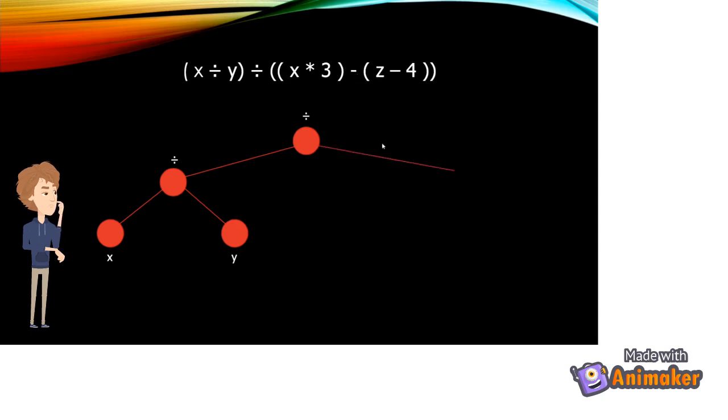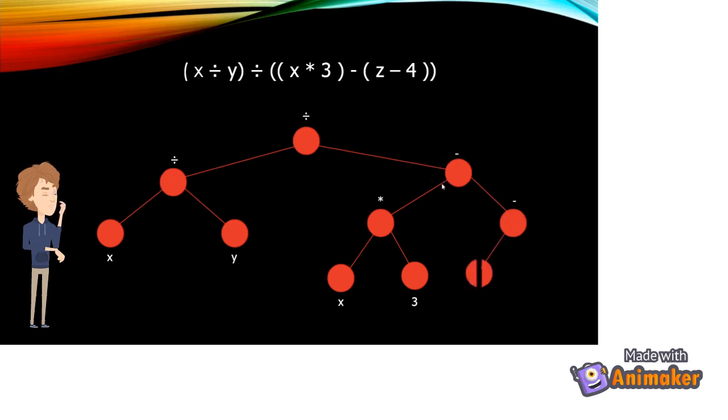So divide will then be the parent of these 2 offsprings inside this big bracket, which is the multiply being the parent for x and 3, its offsprings x and 3, and the minus being the parent to z and 4.